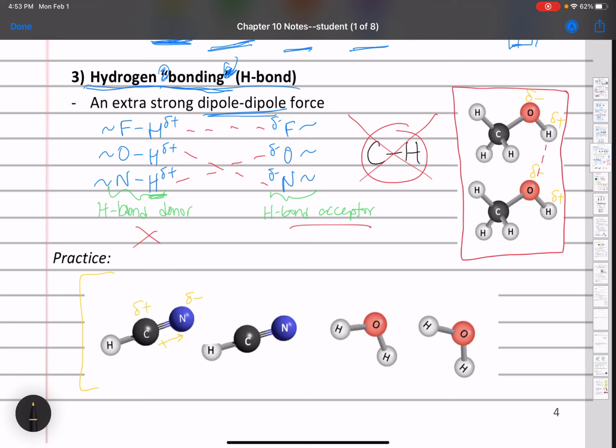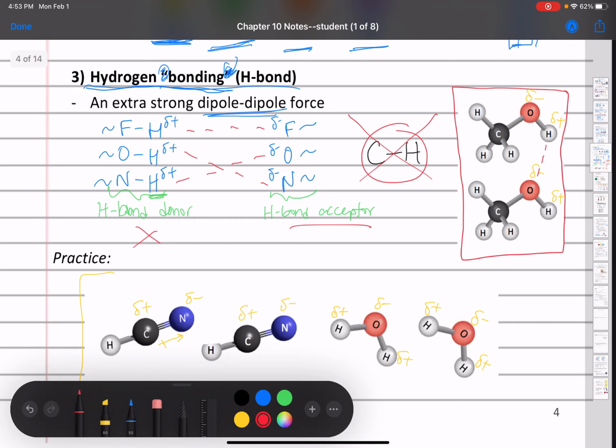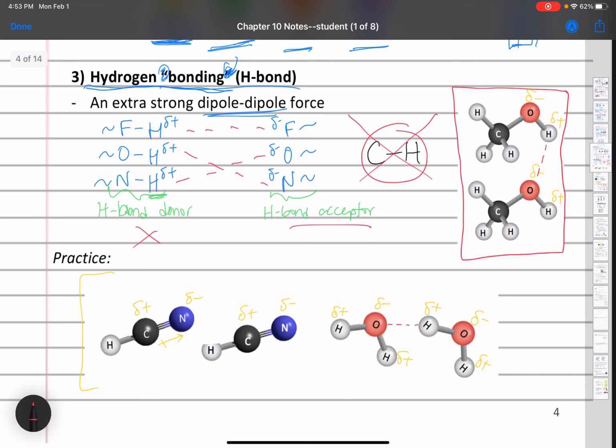So we do get these, HCN is a polar molecule. Okay, water is polar as well. Oxygen hogs electrons from hydrogens. Okay, so these water molecules, hydrogen bonds are typically drawn as red dotted lines in textbooks. So these water molecules can have a hydrogen bond like that, or there could be a hydrogen bond like that.